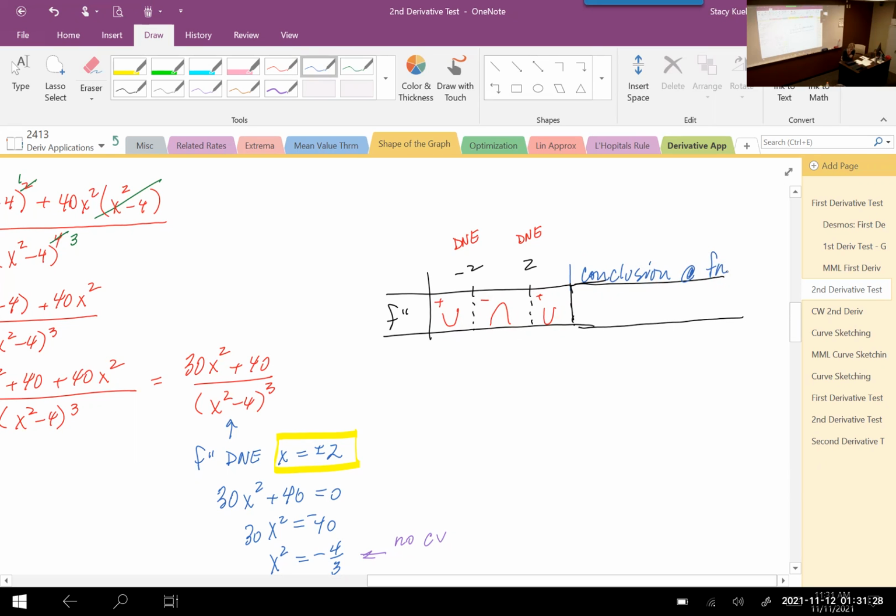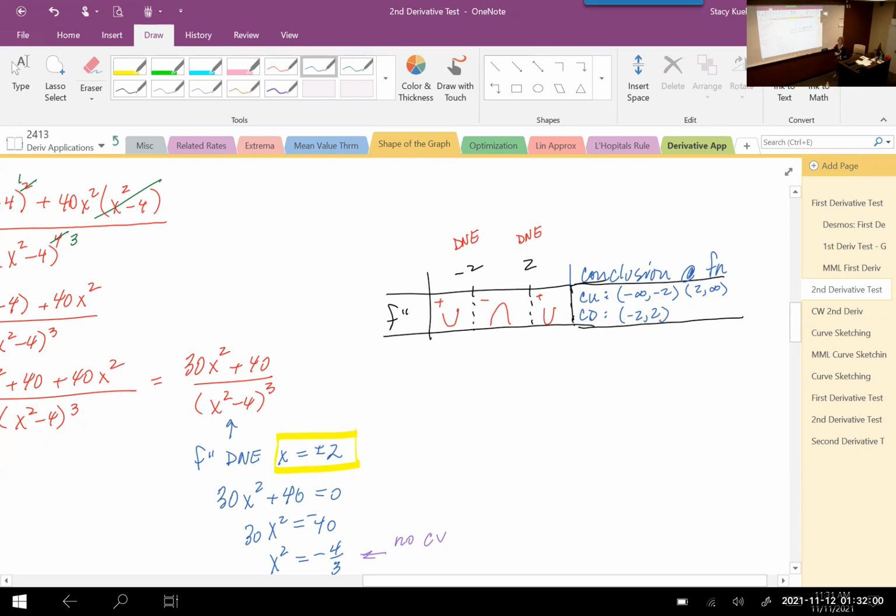So the function itself would be concave up, CU, on the interval from -infinity to -2, and then again from 2 to infinity. And we would be concave down, CD, on the interval from -2 to +2.